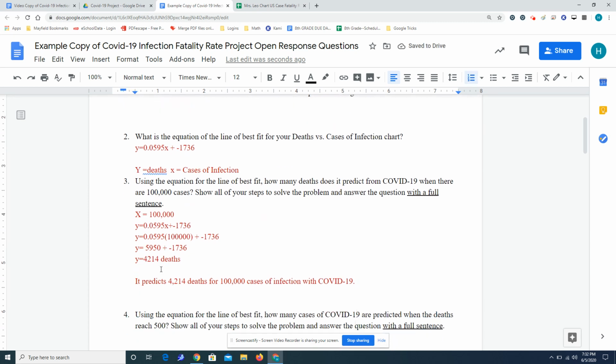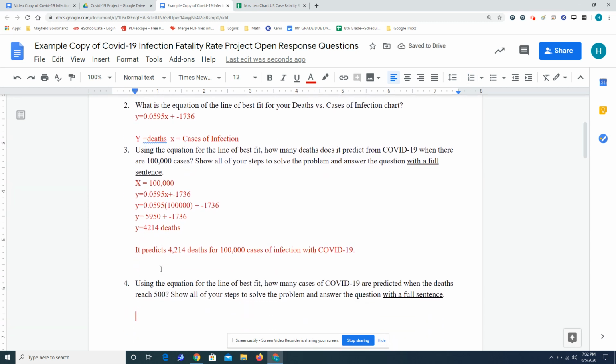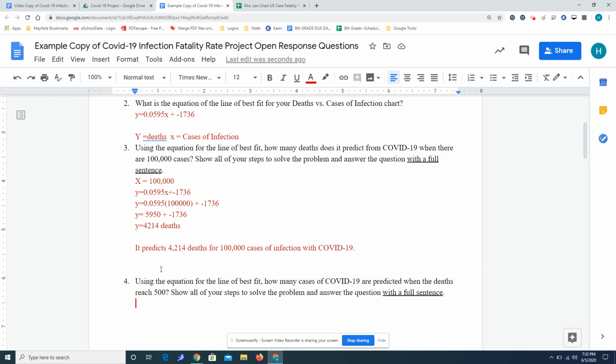But for four, use the equation for the line of best fit. How many cases of COVID-19 are predicted when the deaths reach 500? So now we're talking about deaths. So Y is deaths, and we have y equal to 500.